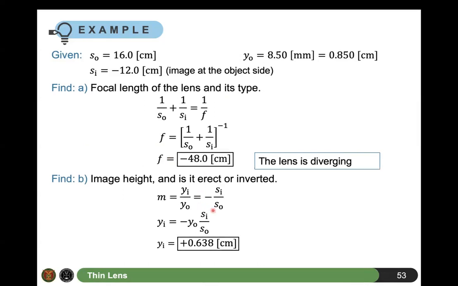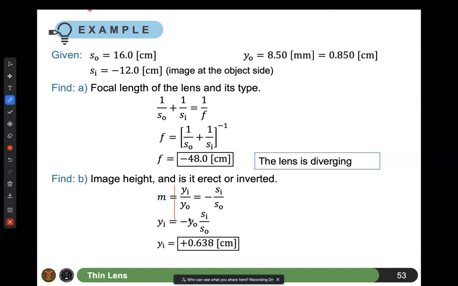For the height, ano makukuha natin? Gamitin natin yung magnification formula. Okay? So again, this is a triple equality. So hindi natin kailangan i-solve yung M kasi alam naman natin yung YO, SI, and SO. So ito yung gagamitin nating part. Okay? So ito lang yung kailangan natin gamitin here. We find the image height, YI, and we get a positive.